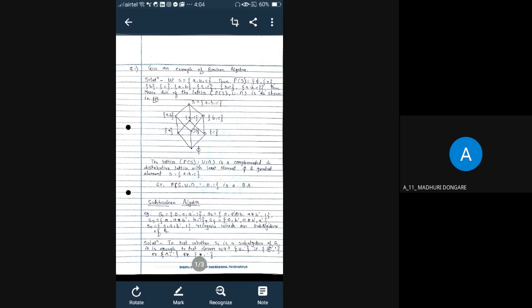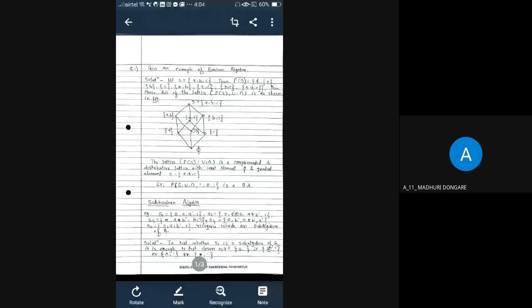Yes, ma'am. Okay. So see here, the question is given as: give an example of Boolean algebra. They have asked you to explain any one example of Boolean algebras. Last time in this lecture, we defined two Boolean algebras. So likewise, again we have to define one more algebra.